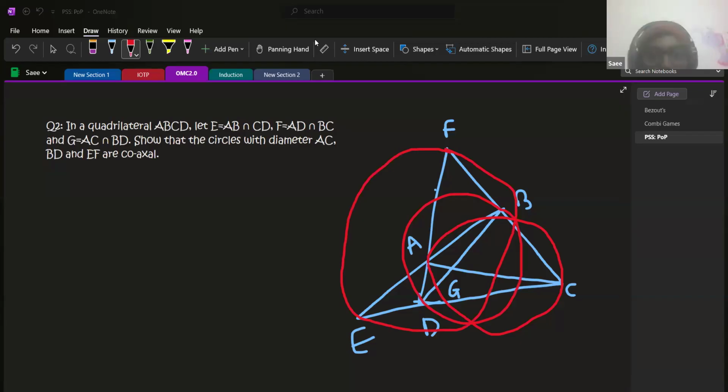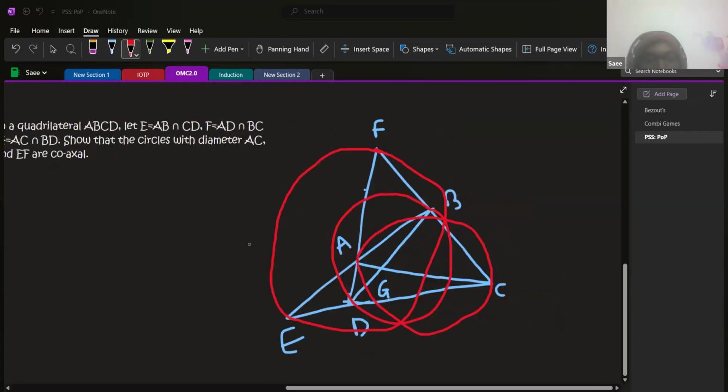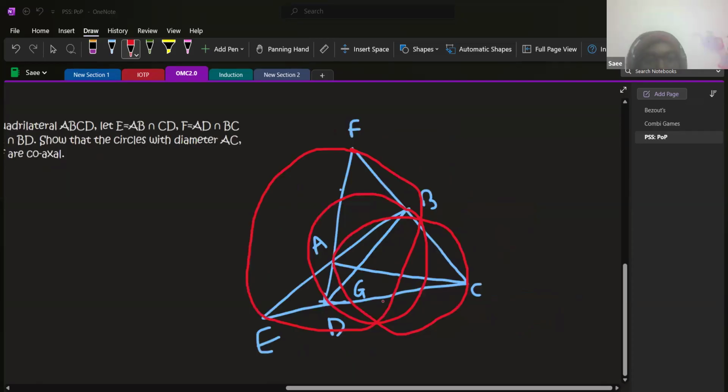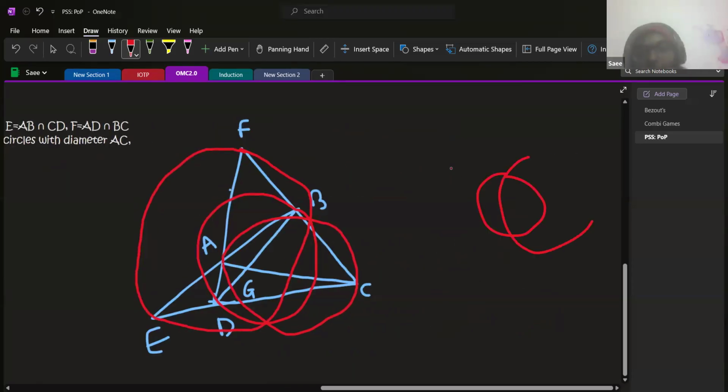Yes, this is the Gauss-Bodenmiller theorem. Since we've mentioned already, a very cool consequence: we have three circles which are coaxial.